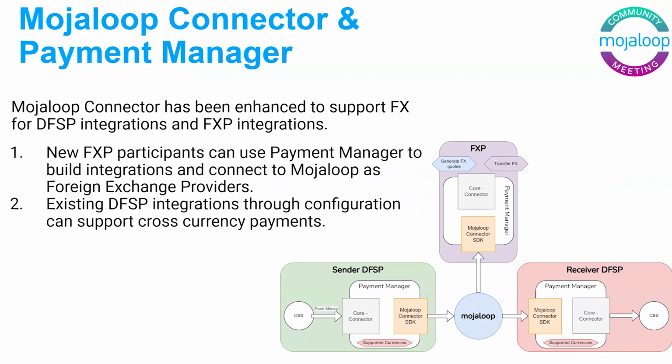We're talking about integration to the foreign exchange provider. They can now connect directly into the Loop switch to supply their functionality through providing quotes and then facilitating transfers. And then the last part of it is the receiver DFSP, where they need to be mentioning their supported currencies, and this is done through a configuration.